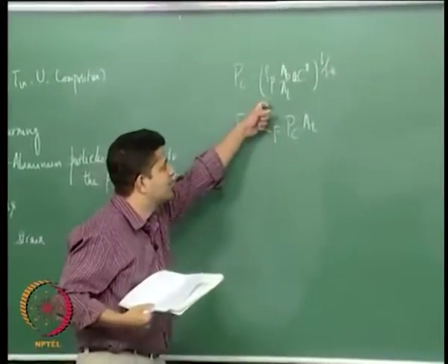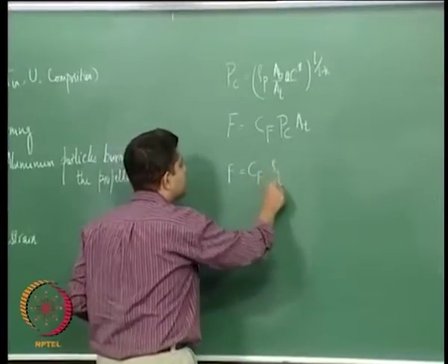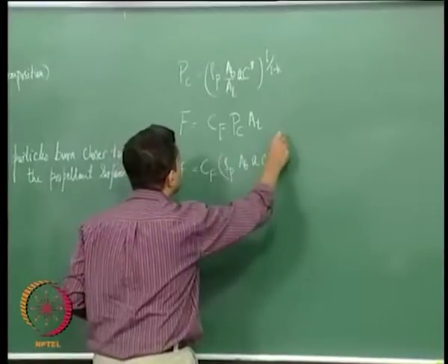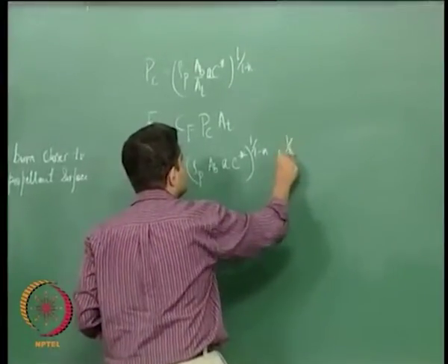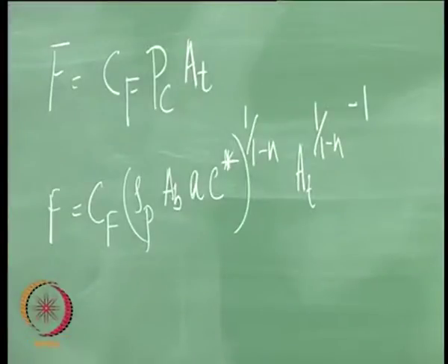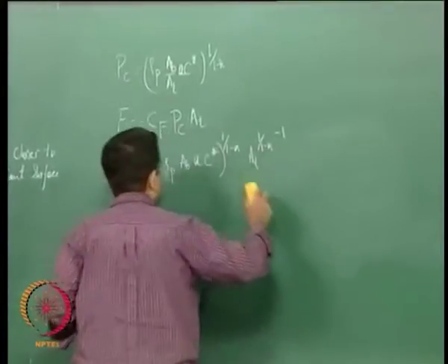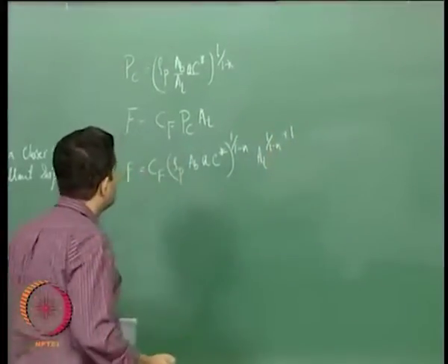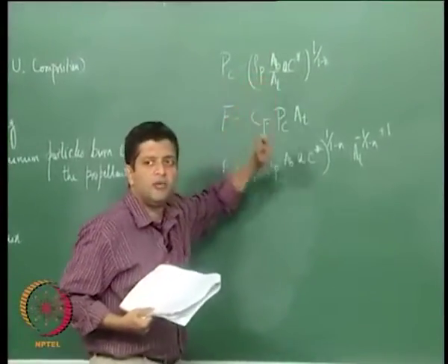So now if you use this definition for Pc here, you will get F is equal to Cf rho P. Sorry, this has to be minus, okay, because this is in the denominator.